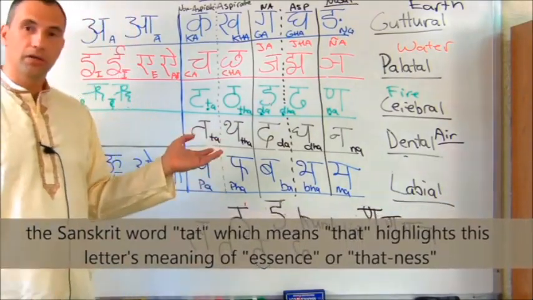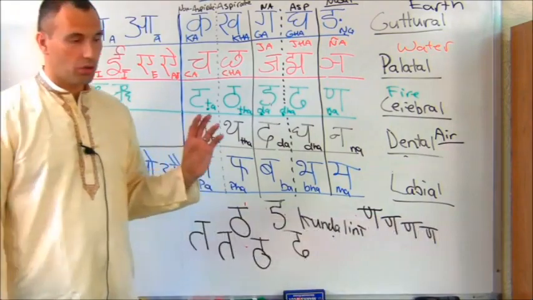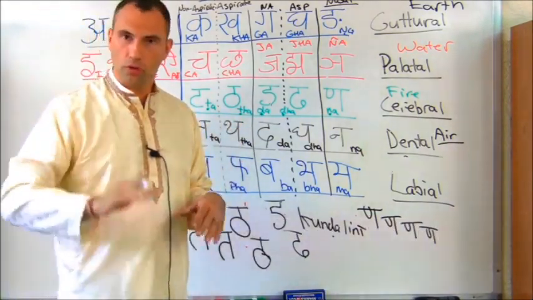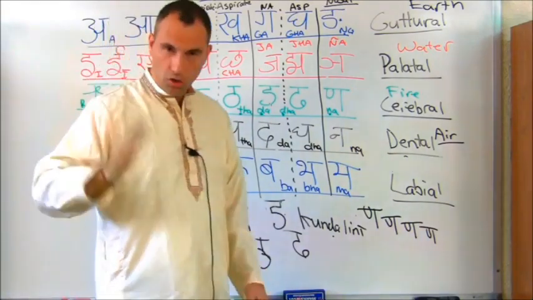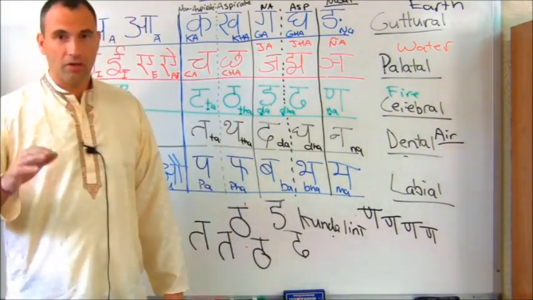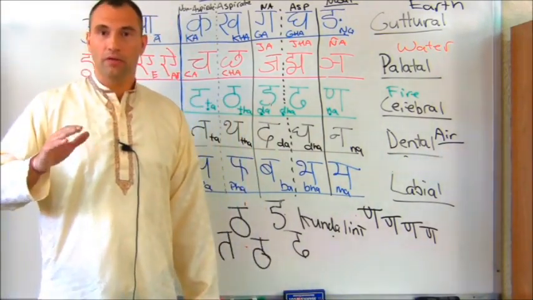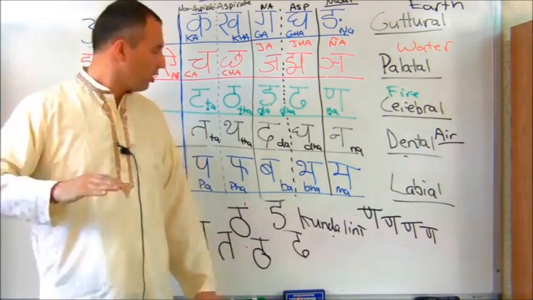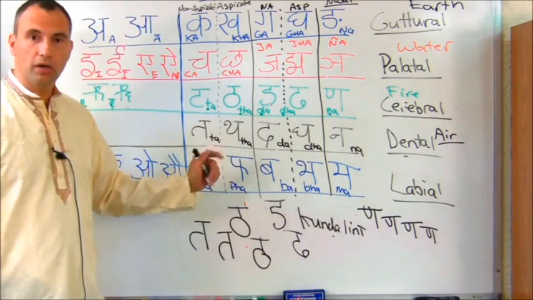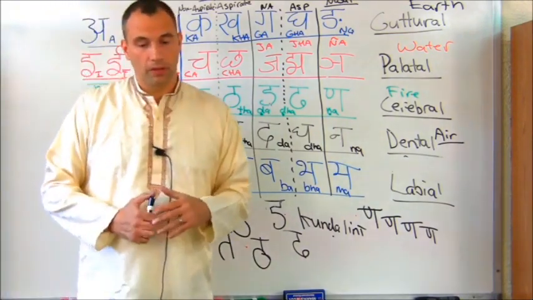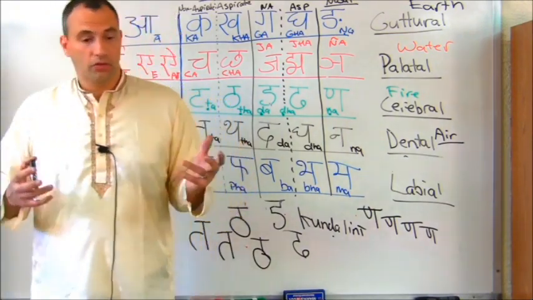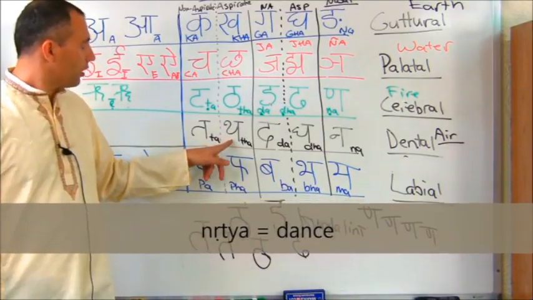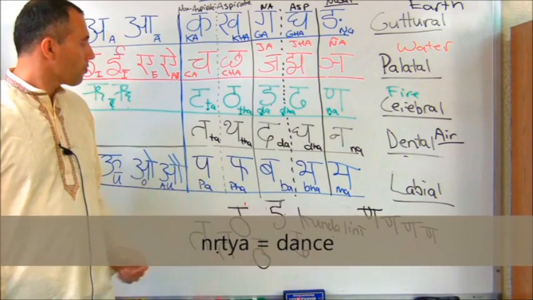The letter T relates to tum, tum, tum, tum. This is what a drum beat sounds like. If you hit on a bass drum, it doesn't go ding, dung, not even thumb, it goes tum, tum, tum, tum. So this letter T is related to nritya, to dancing, nritta, tum, tum.